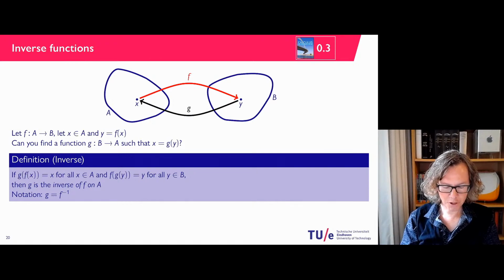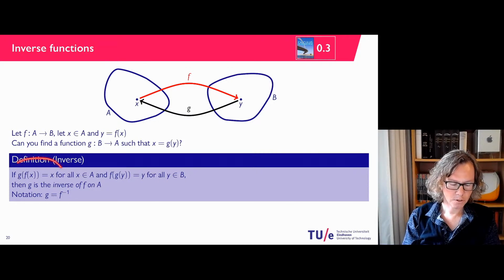So if it exists, so if you can find a function g such that g after f of x, so what it says here is we're going to start at x, then we're first going to apply f, and then we're going to apply g, and then we are back where we started from. So that is what it says here.